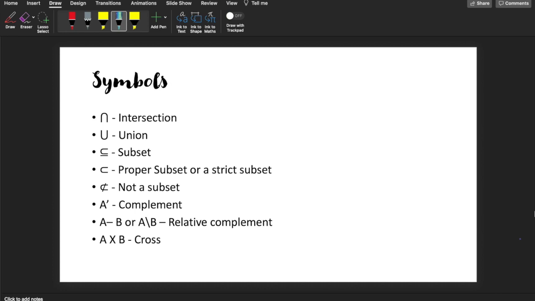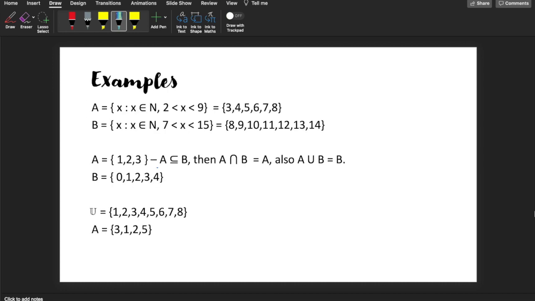So we're supposed to make them in ordered pairs, starting with A. So A cross B equals curly brackets, then brackets, you write (1, 3), (1, 4), (2, 3), (2, 4). Basically, it's pretty simple.